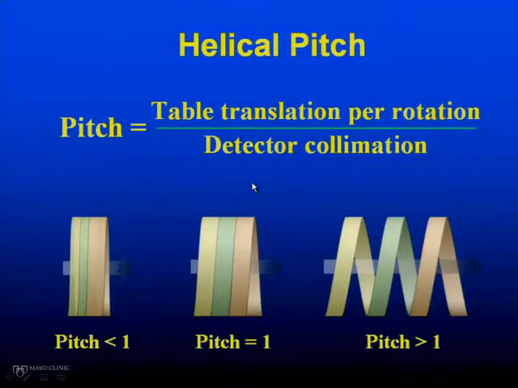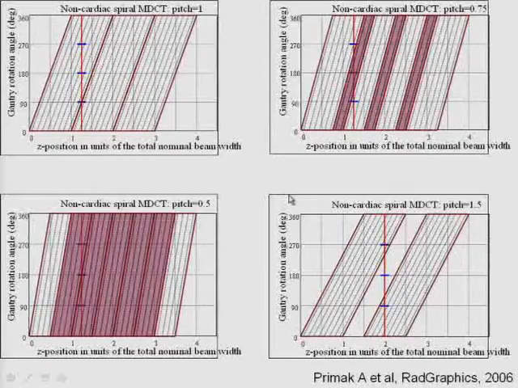And the pitch is an important parameter in the helical scan, which is defined as the table translation per rotation divided by the detector collimation. When the pitch is less than 1, there is some overlap. When the pitch is bigger than 1, there's some gap. And here is a simple graphic demonstration of how the data is utilized in the image reconstruction for different pitch values.